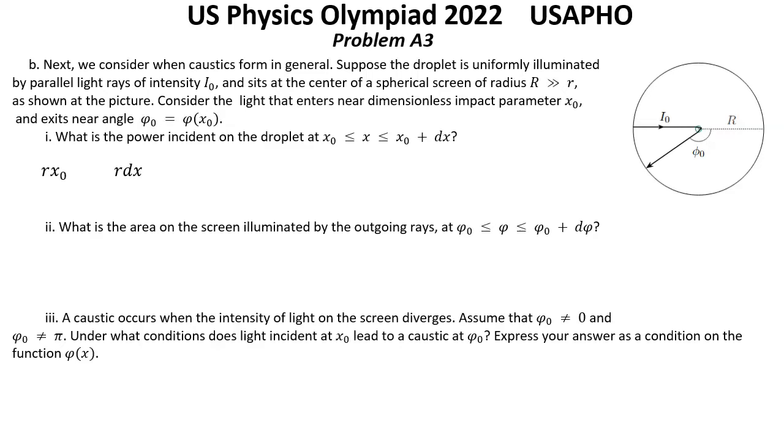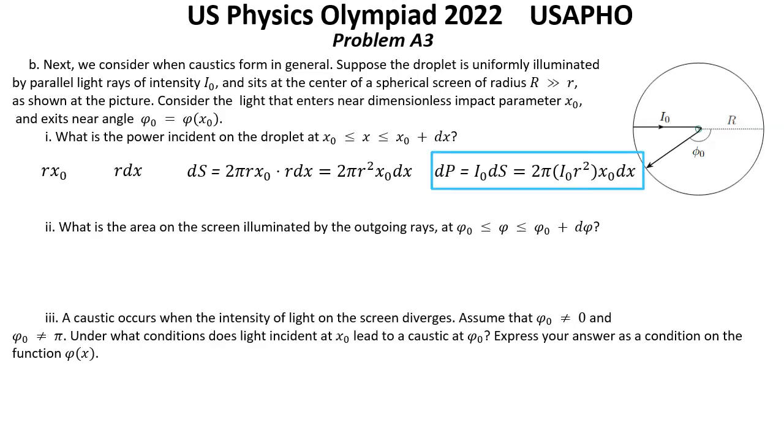Then the area of this annulus is 2πr² x0 dx, and the power is I0 dA, or 2π I0 r² x0 dx. That was the solution for the first one.